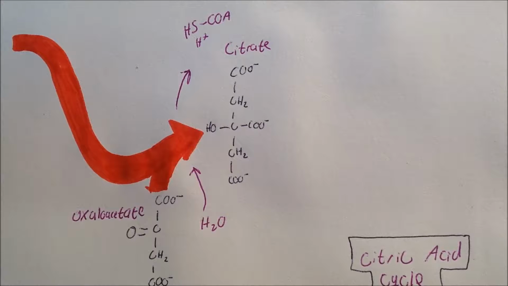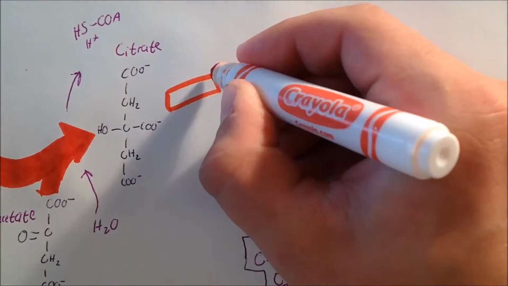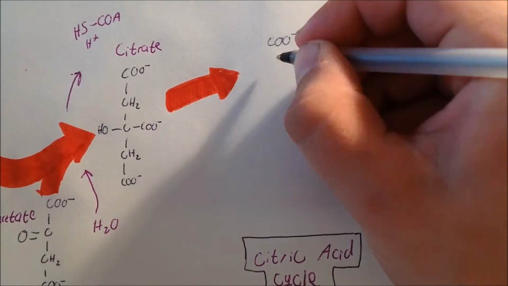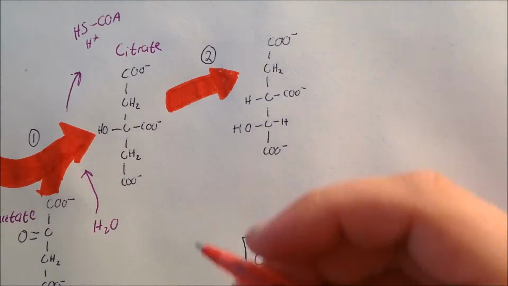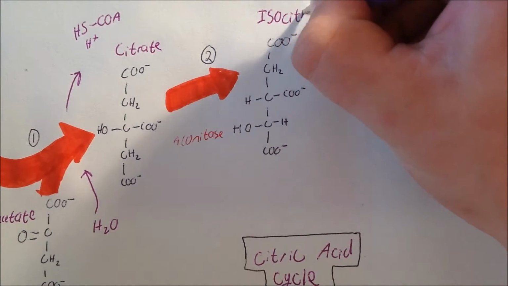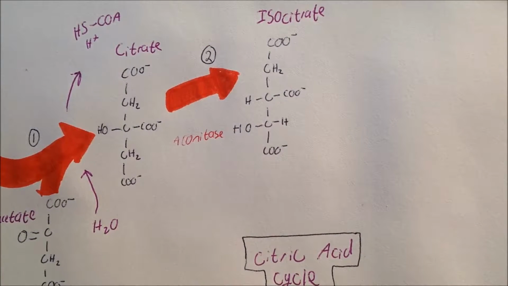So the next step is changing citrate into isocitrate, and that is done by the enzyme aconitase. So aconitase allows citrate to be changed into isocitrate.